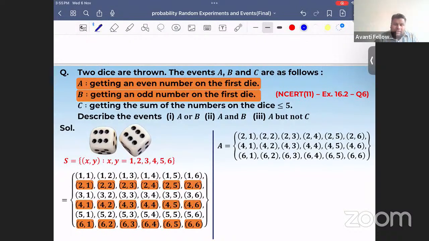So there will be a total of 18 entries. 6 threes are 18. Got it? B is the event odd number on the first dice. So the odd number can be 1, 3, 5. Accordingly, the second dice can have 1, 2, 3, 4, 5, 6.